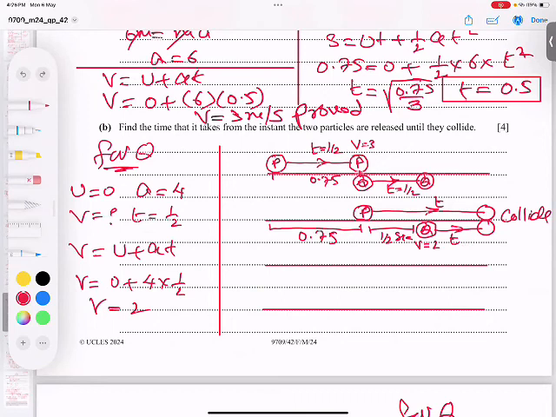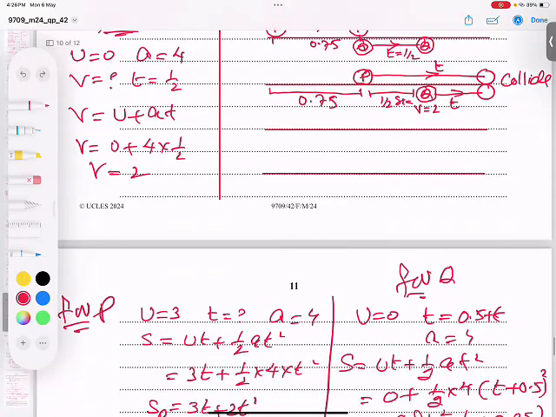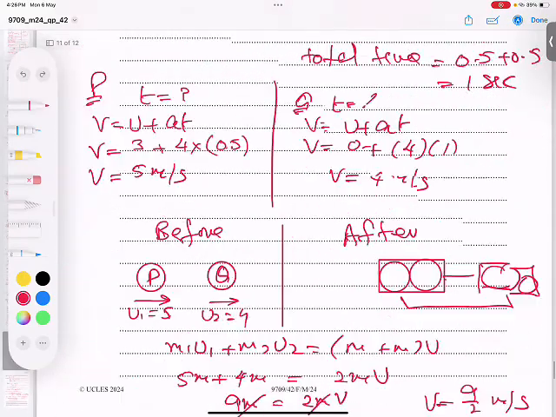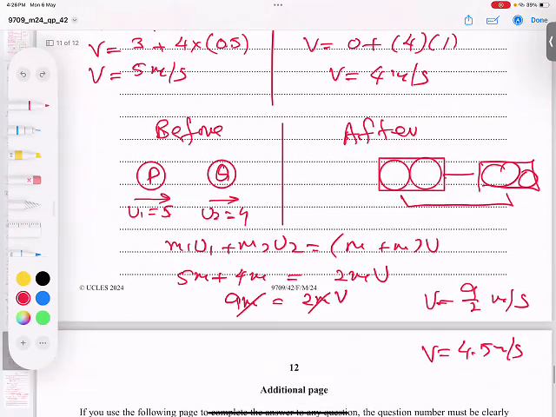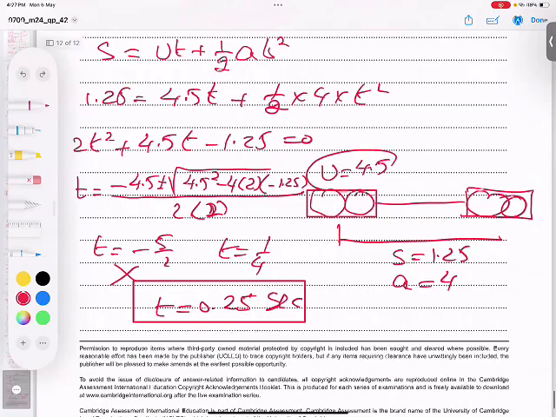But for P, it is 0.5 for this distance, make sure. So the whole story is very clear. After collision, the starting speed is the given 4.5.